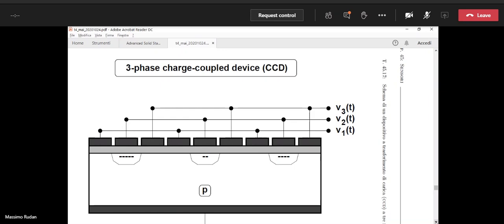That means that under electrodes number 2, number 5, and number 8, we have a depleted region. So the depleted region has a boundary that is schematically shown by the thin line shown in the figure, okay?